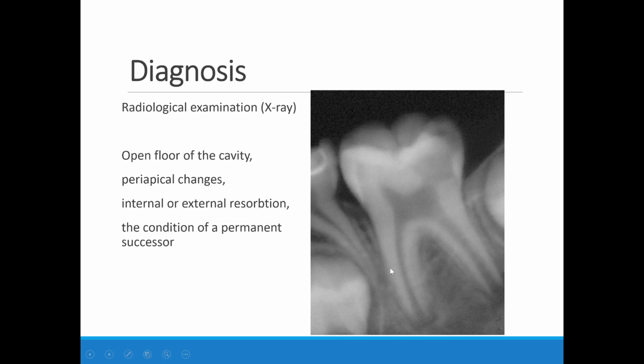We can find periapical changes. We can see internal or external resorption of the roots. And of course, the most important thing is the condition of the permanent successor bud. Of course, the cortical bone near the lamina dura around the bud, the condition of it, is very important.